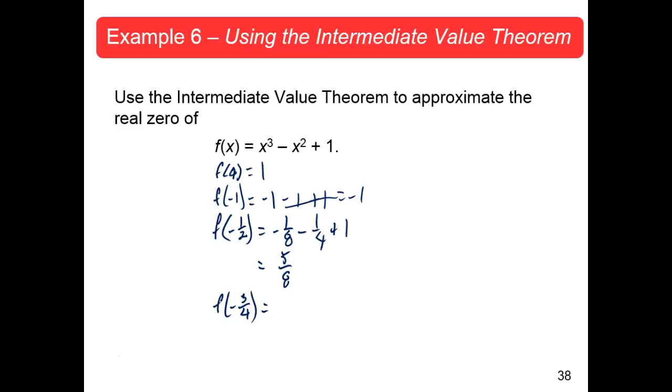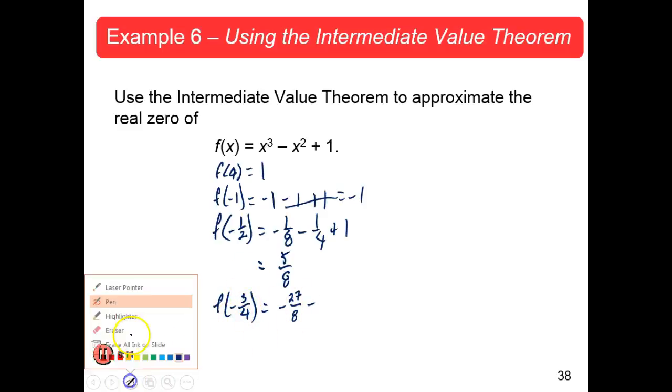What's negative 3/4 cubed? Negative 27 eighths. Right? Oh, that's not right. No, so wrong.